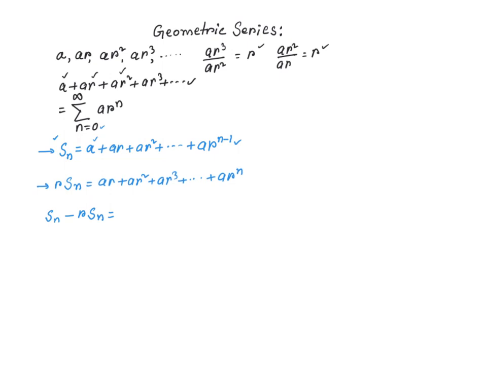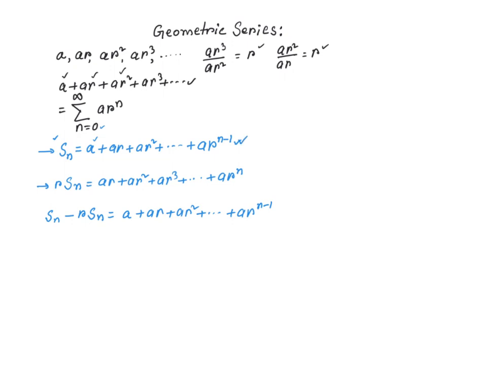If I subtract, let me write it out so that you can really see it. A plus ar plus ar squared plus dot dot dot plus ar to the power n minus 1. Remember, I am just writing out this first one.